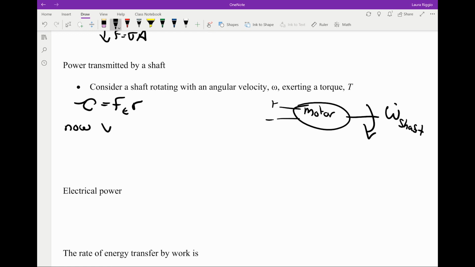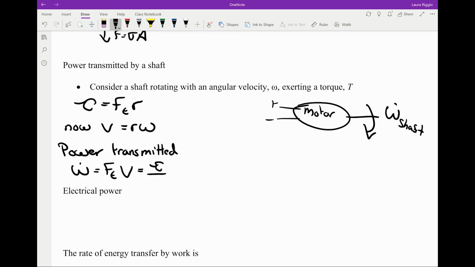Now our velocity is r times omega, so our linear velocity is our radius times our angular velocity. So our power transmitted is going to be our work. So our power is our tangential force times our velocity, which is our torque over our radius, times our radius times our angular velocity, which is our torque times our angular velocity.